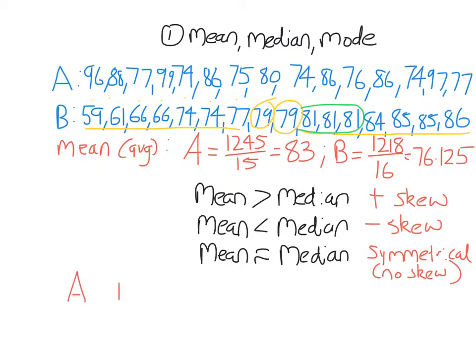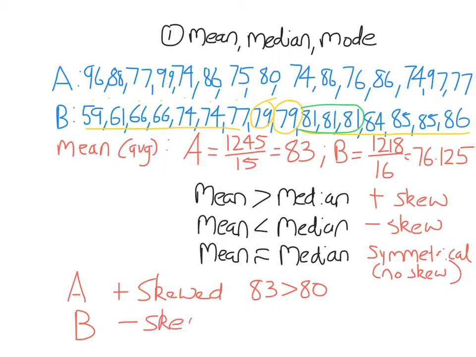So that suggests that A is positively skewed because, of course, the mean 83 is greater than the median of 80, whereas what we found before for B suggests that it is negatively skewed because we calculated that the mean was 76.125 and we calculated the median was 79.